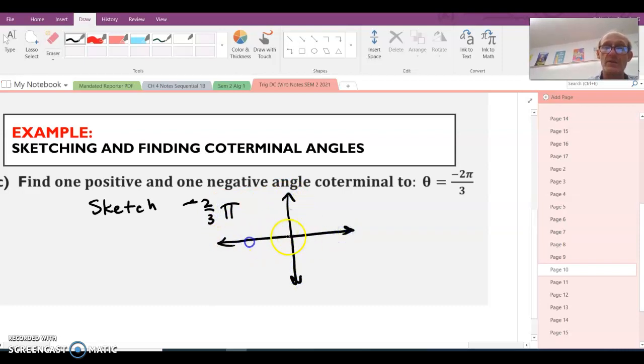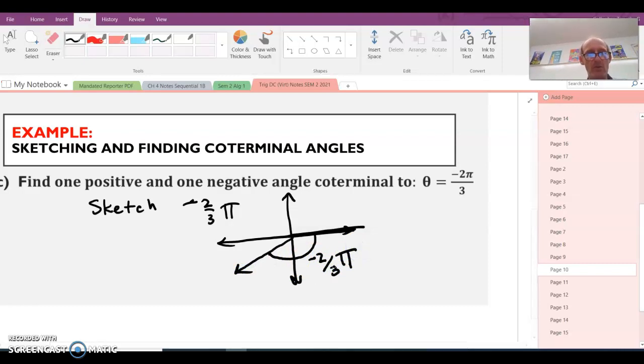That's not quite 1, so negative 2/3 pi is right about here. We have to be pretty careful there, because now we have to come up with a positive coterminal angle and a negative coterminal angle.